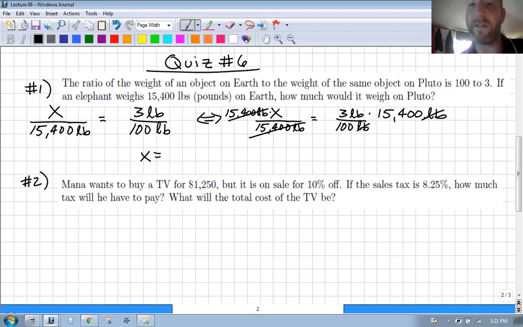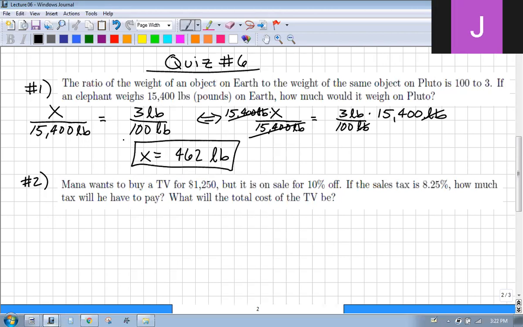So X here is equal to 3 times 15,400 divided by 100, which is 462 pounds. Is that what y'all got? Yes, sir. All right, put a box on it.